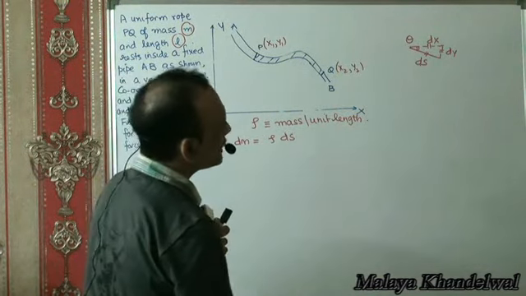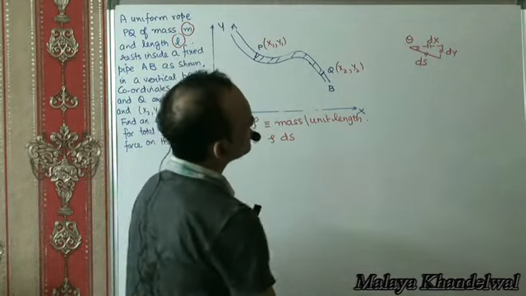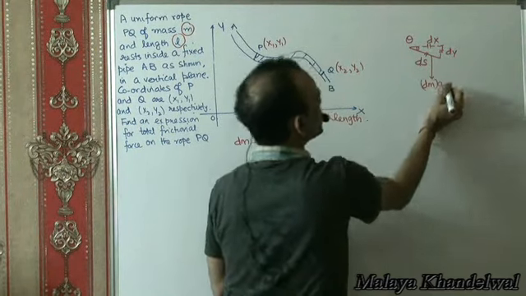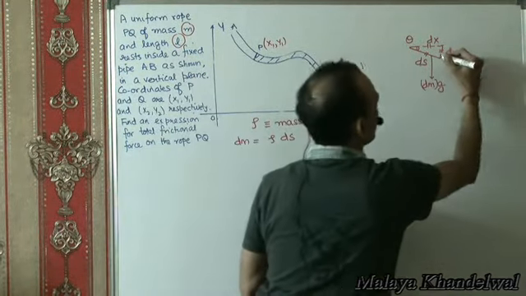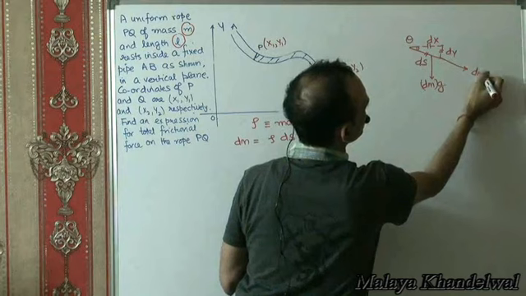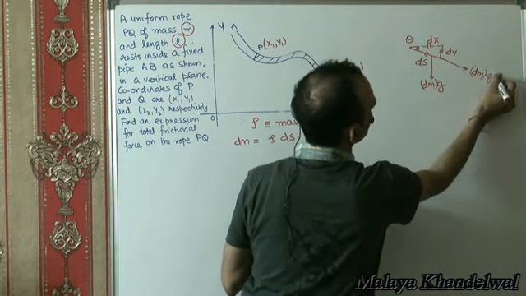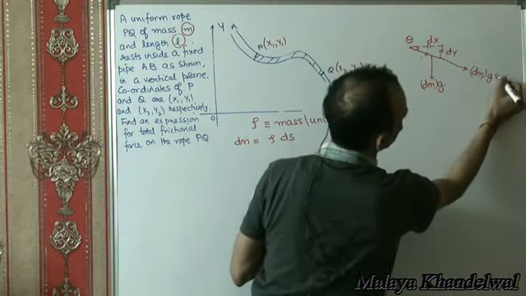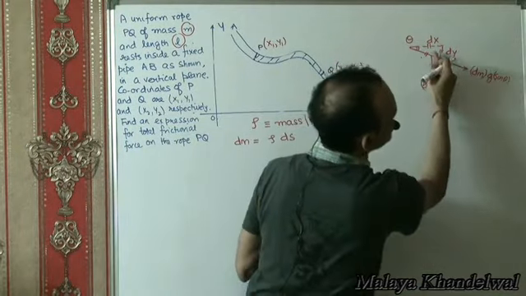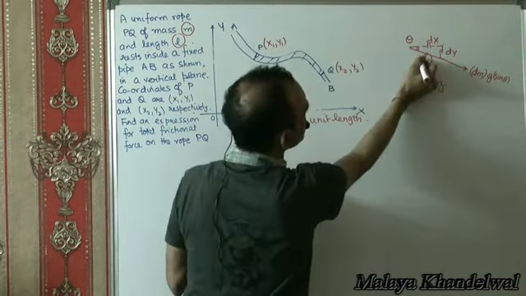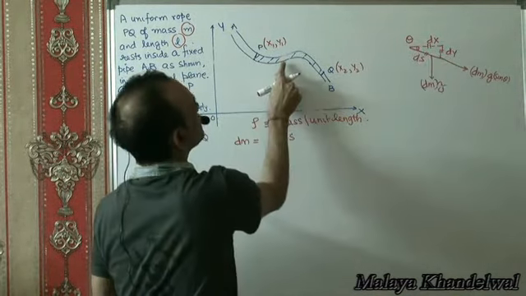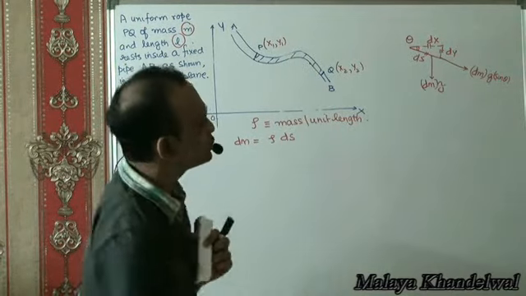And there is dm g acting vertically downwards under the influence of gravity, and this can be resolved as dm g sine theta, which is the component along the length of the rope ds. And of course there is dm g cos theta, which we are not bothering about. That will be taken care of by the reaction from the tube.